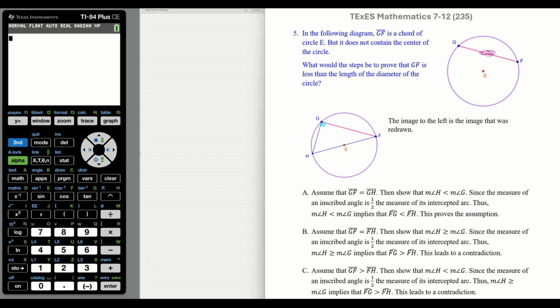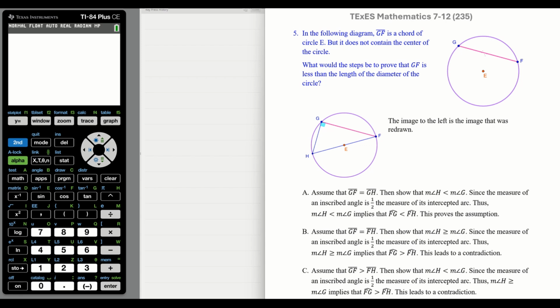What they're trying to say is, hey, if it doesn't have the center, it cannot be the diameter. They're trying to say in the given, this is not the diameter, which is an important point. What would the steps be to prove that GF is less than the length of the diameter? Okay, in blue is the actual question.